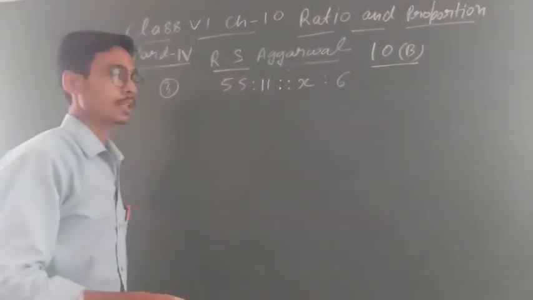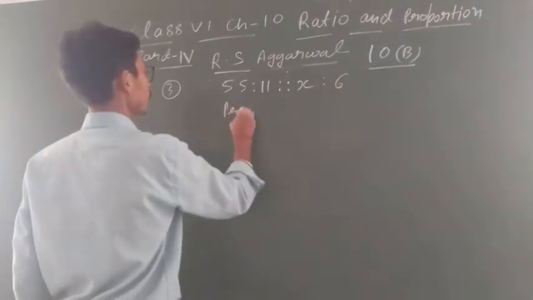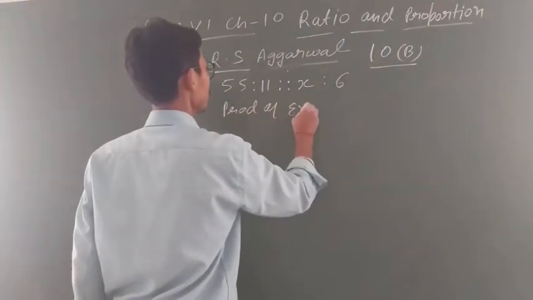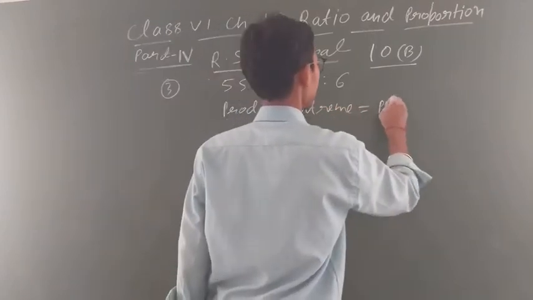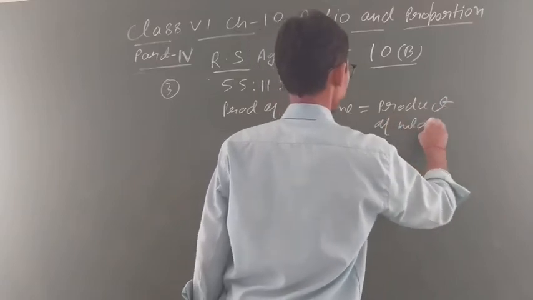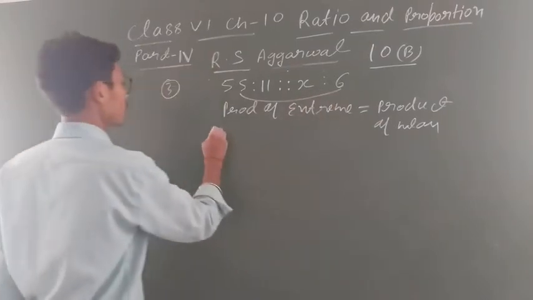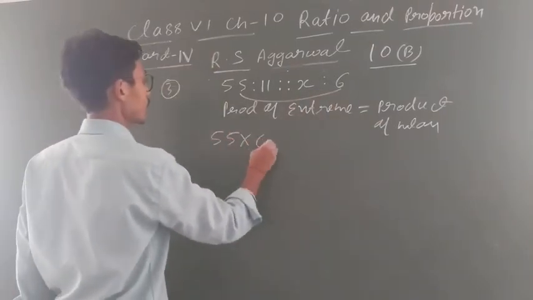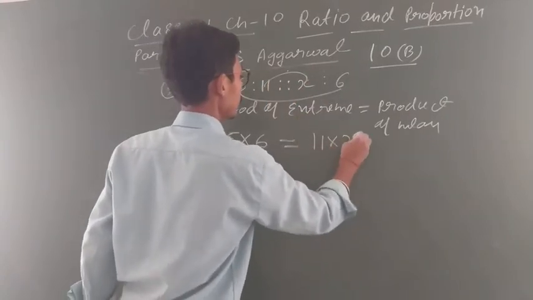Okay? Now you know that in this type of question what you have to do, student? Product of extremes, meaning outsiders, equal to product of means. This is the formula. Now product of extremes equals 55 multiplied by 6 and product of means, student, 11 multiplied by x.